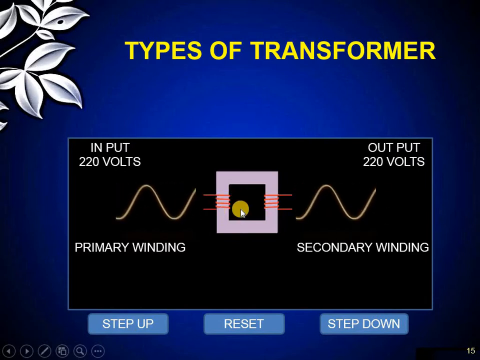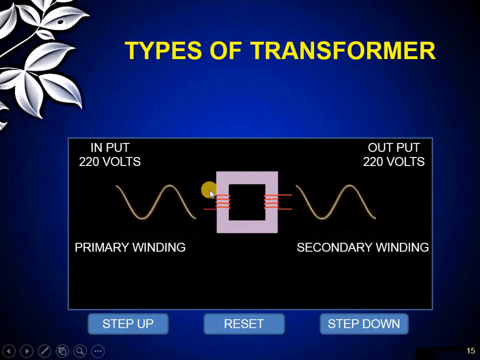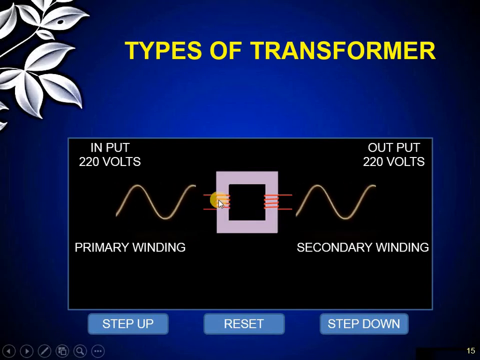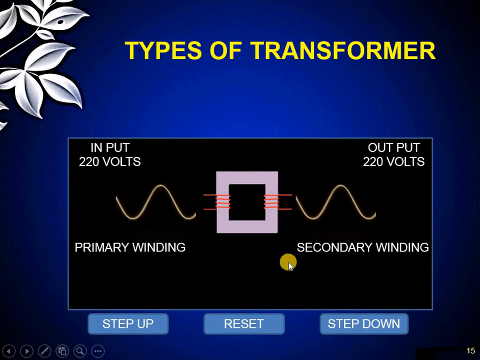When the primary winding and secondary winding are equal, suppose the winding is turned for 220 volts, and this is also for 220 volts, because there are equal turns in primary and secondary. Input voltage 220 volts, and we will get output also 220 volts.